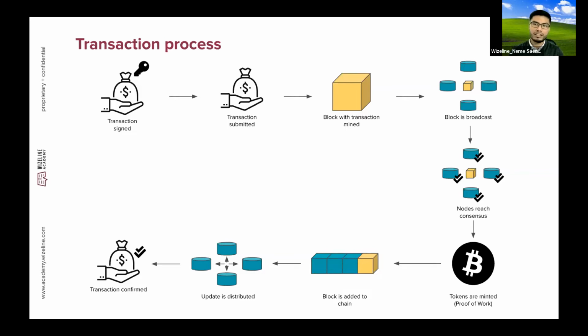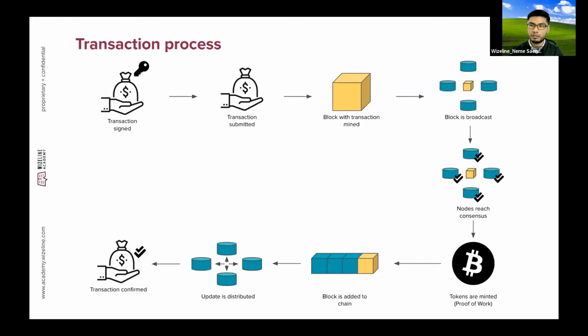After that, the transaction gets submitted, and some node mines a new block, including this new transaction. After that, we broadcast this block to some of the other nodes, and these nodes have to verify the block's content. This is the consensus process.